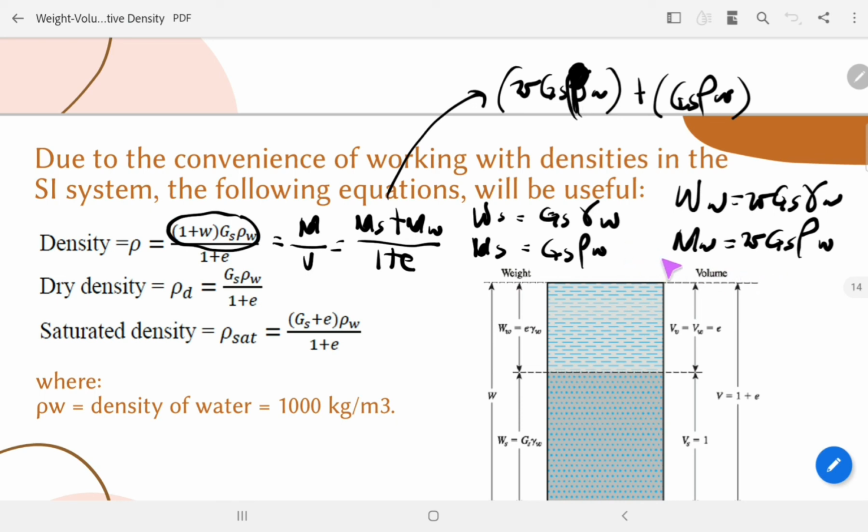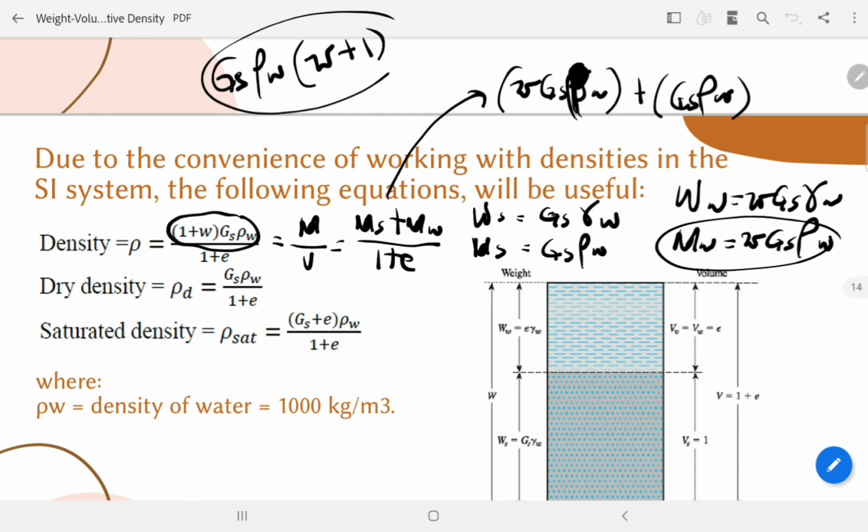Ito siya. Right? So, from here, we can factor out GS rho water. And what remains inside is 1 or omega plus 1. So, dun siya galing, guys. Nag-gets niyo ba yung point ko? Though, medyo tricky siya, pero ganoon talaga siya na-derive. But don't worry, guys, no? Masasanay din kayo sa pagde-derive.